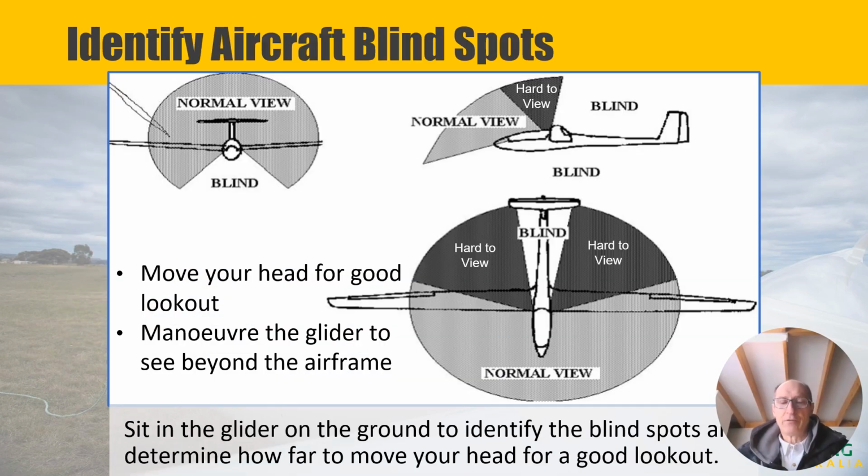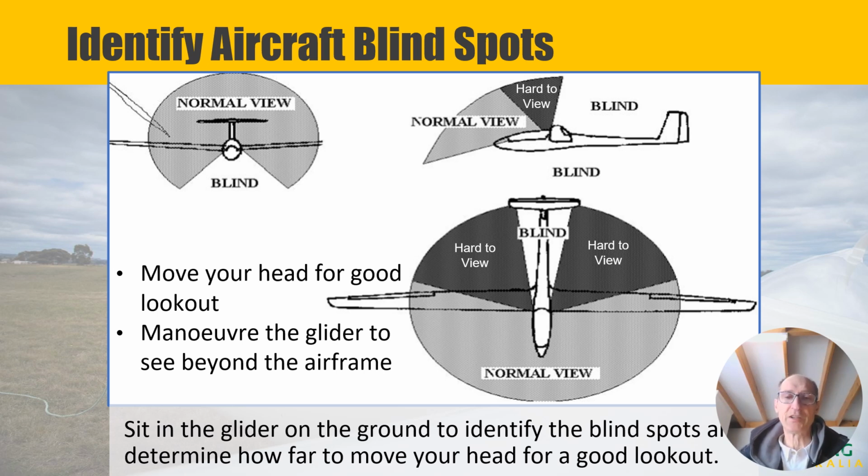We don't have 360-degree vision, nor do our aircraft have 360-degree visibility. So when you sit in the aircraft, you will see that straight ahead, slightly below, but all the way above you can see.